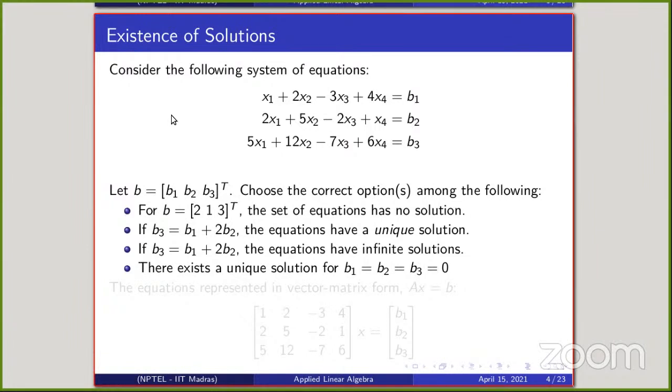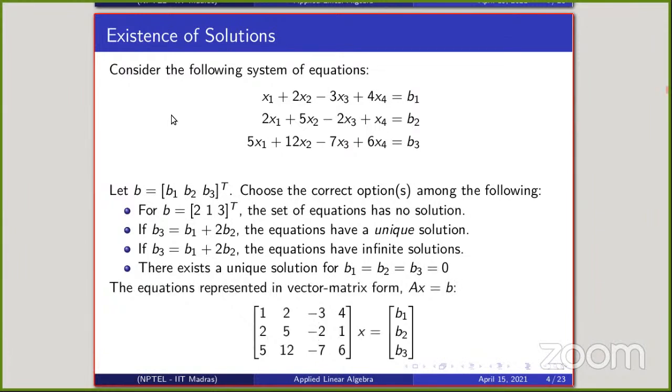We have a few different options which we need to check. It's pretty trivial to see that this can be written in matrix form, where we have 1, 2, minus 3, 4, and so on, times x, where x belongs to the vector space R4, and on the right-hand side we have B1, B2, B3.